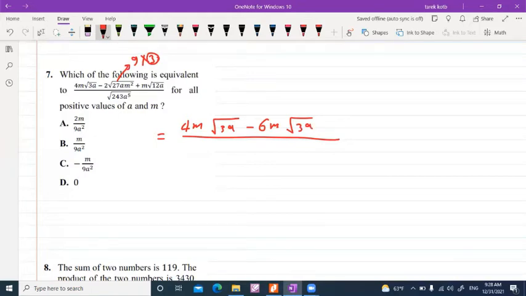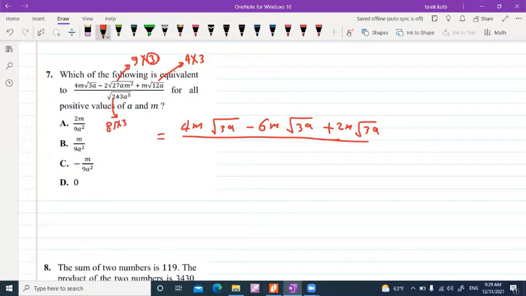The next one, this 12 can be 4 times 3. The root of 4 is 2. Getting it out will be 2m, and the 3 will be kept under the root and the a. So it will be 3a over this number. Since all of them are 3a, 3a, 3a, I expect this number is 3 times something. Yes, it's 81 times 3. You can try.